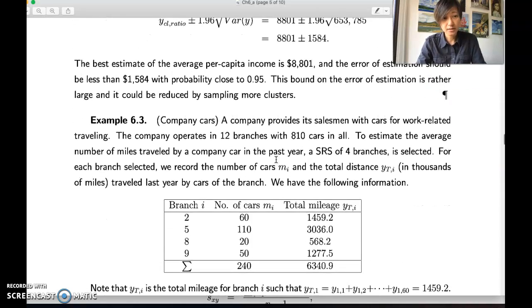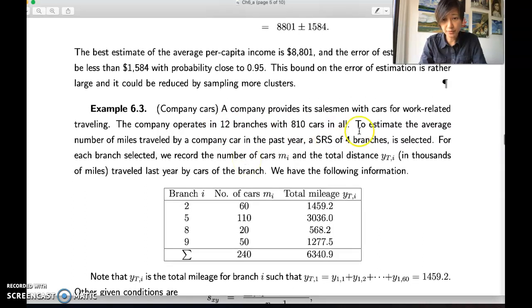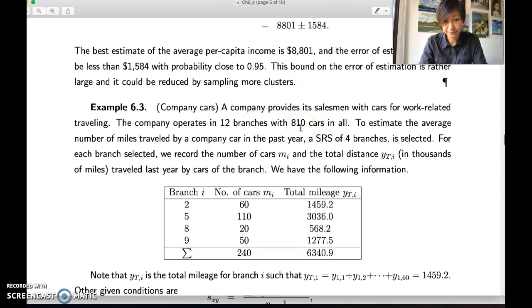Secondly, example 6.3: a company provides its salesmen with cars for work-related traveling. There are in total 810 cars and 12 branches, but we only sample 4 branches. So we have capital N equals 12, but we only sample 4 of them. 810 is the total number of cars in the entire company, so the capital M is 810.